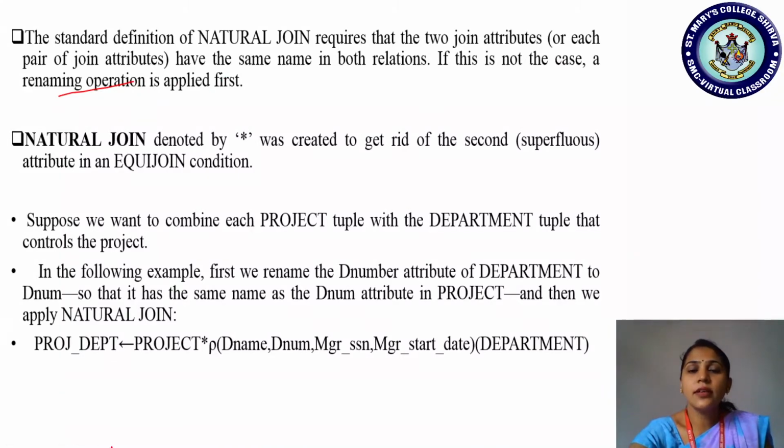So it is very simple like this. Relation R, relation S. Here in relation R you have SSN, and here you have ESSN.